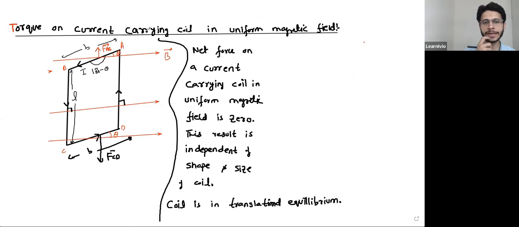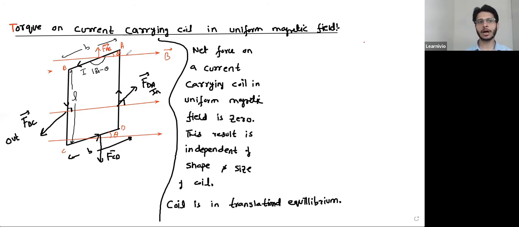For calculating torque, we need two equal and opposite forces. Here you have two pairs of equal and opposite forces: one is FAB and FCD, another is FBC, which is acting outwards, and FDA, which is acting inwards.